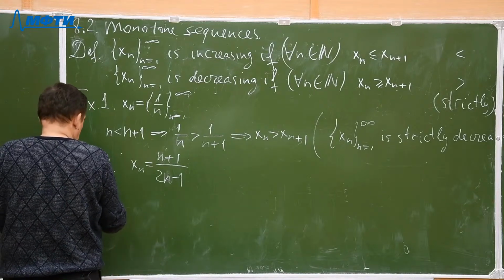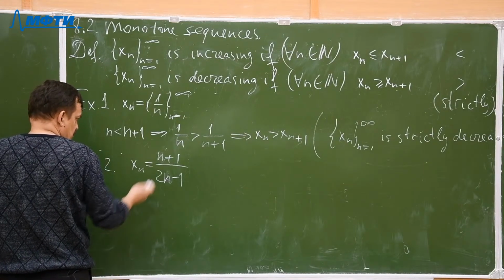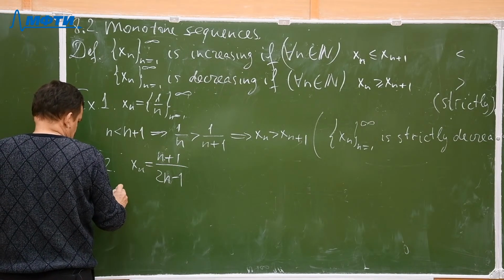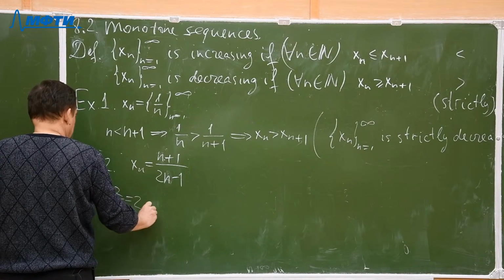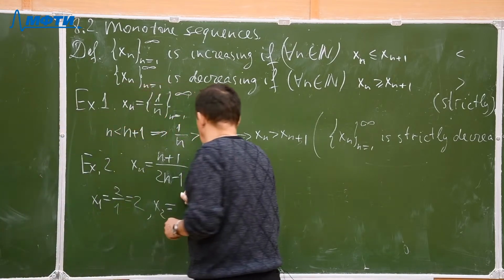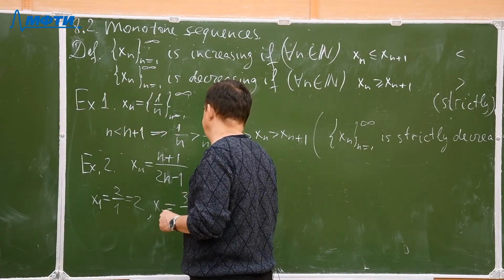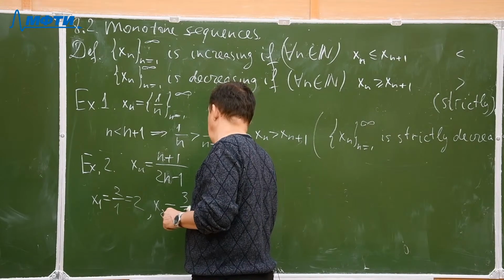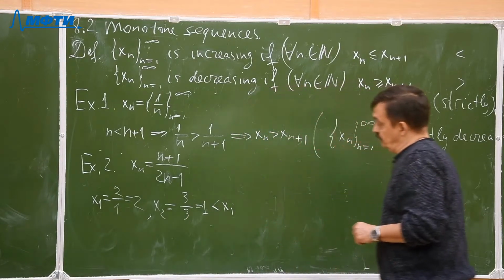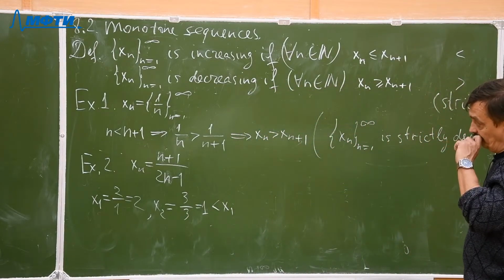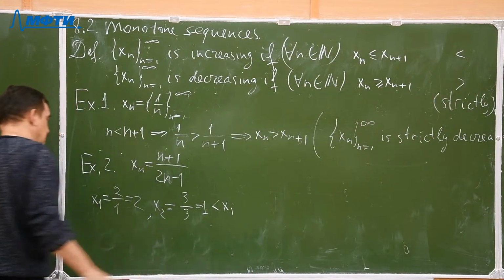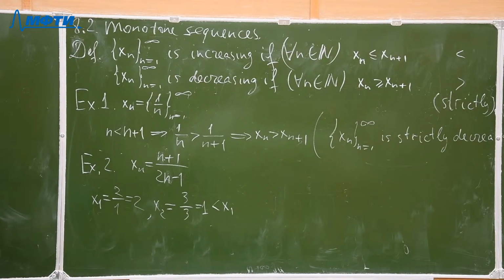So x1 is 2 over 1, 2. x2 is 3 over 3, which is 1, less than x1, and we want to check if xn is greater than xn plus 1.